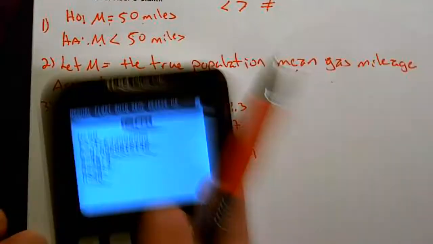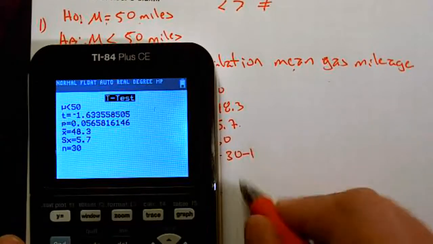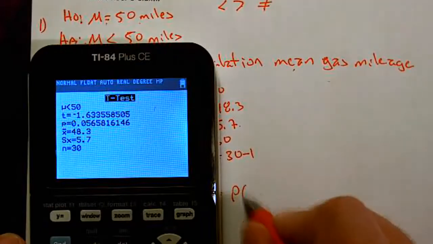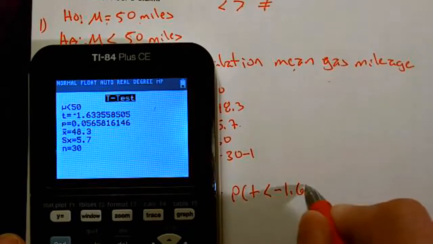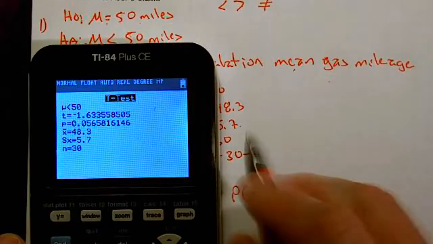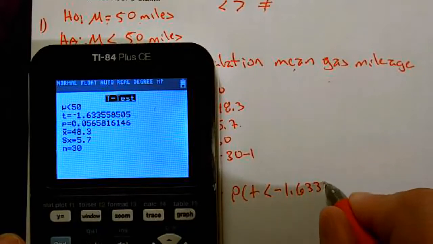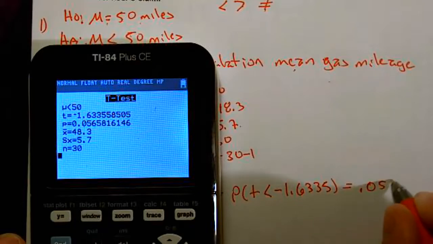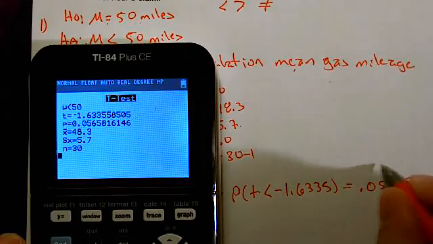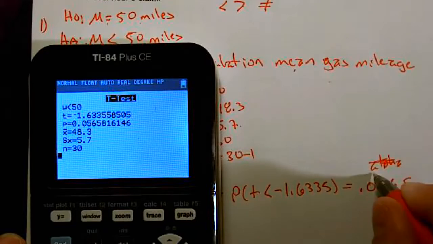And so that equals the probability that t is less than negative 1.633. So there's my t statistic, which equals 0.0565. Excuse me, not my alpha. This is my p-value.